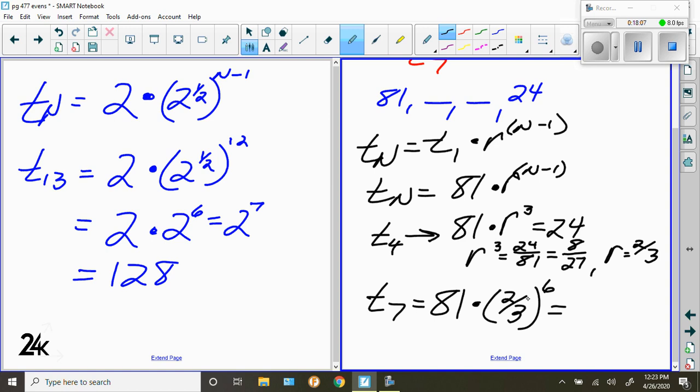Multiply it by 81, hit equals. I got 7 and 1/9. That is what my book got also. If you have it as a decimal, that's fine also. What's 1 divided by 9? 0.11111, or 7.11111 repeating.